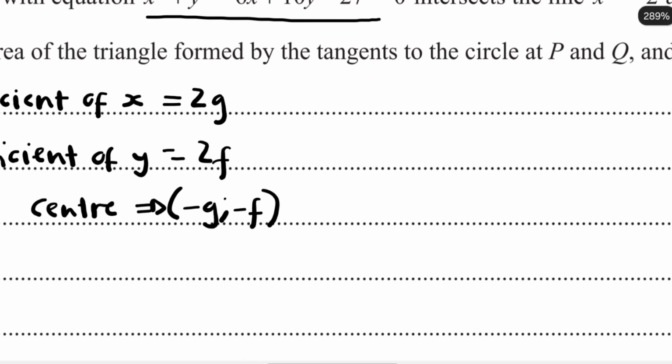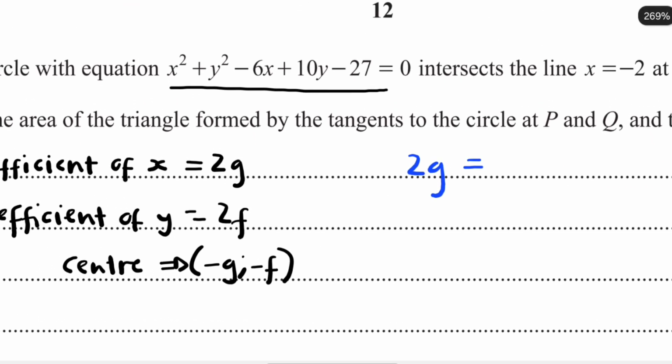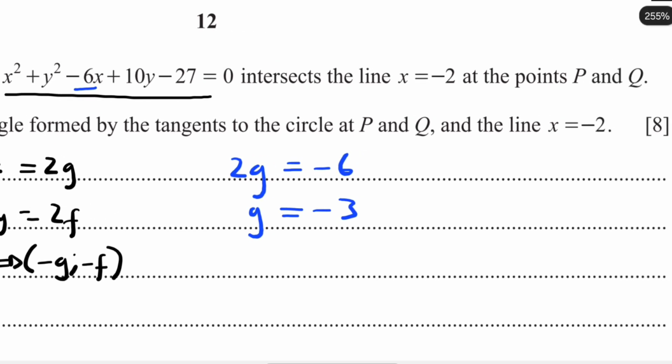So knowing this, we're going to say our 2g equals the coefficient of x, which is minus 6, the number next to x and its sign. So our g will be minus 3 if we divide both sides by 2. And our 2f is the coefficient of y, the number and its sign that is multiplying y, and that will be 10.